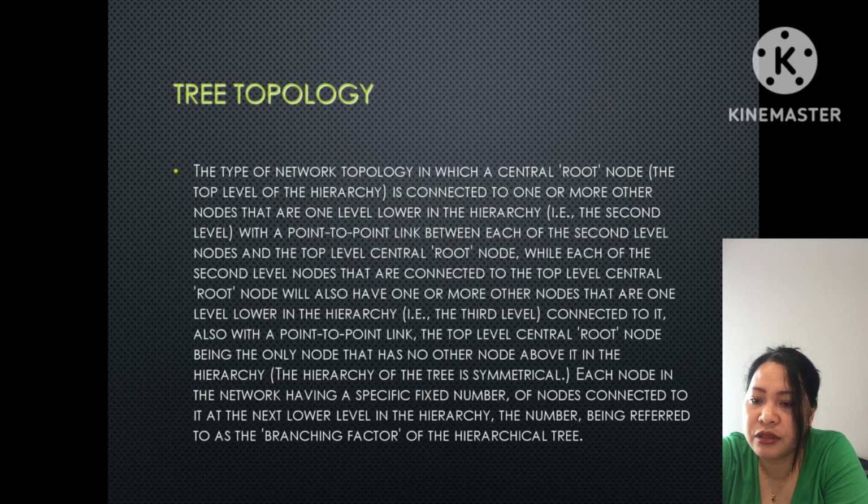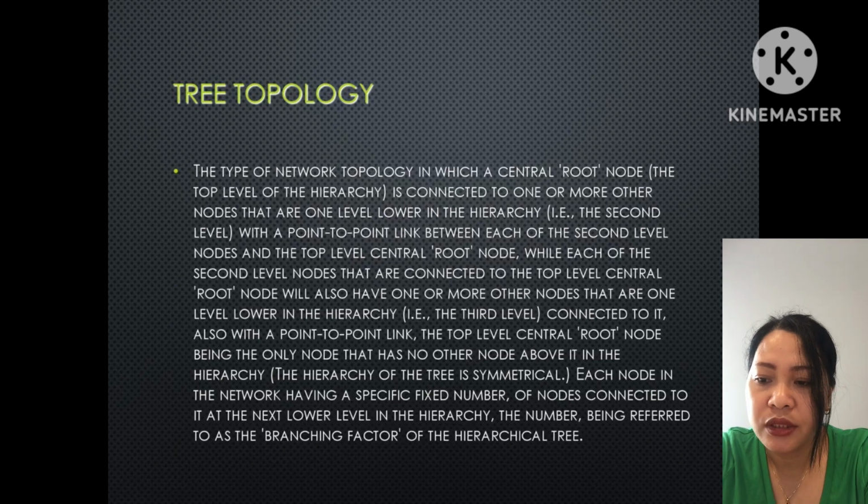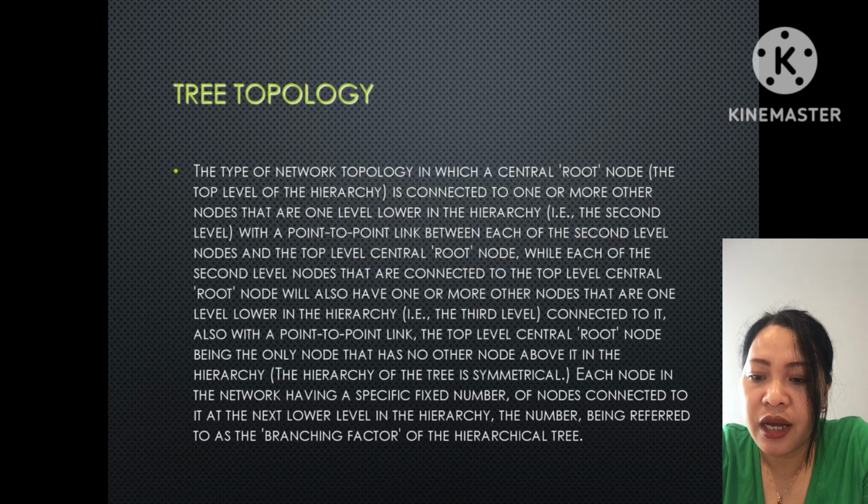Tree topology. In this type of network topology, a central root node, the top level of the hierarchy, is connected to one or more other nodes that are one level lower in the hierarchy, i.e. the second level, with a point-to-point link between each of the second level nodes and the top level central root node.